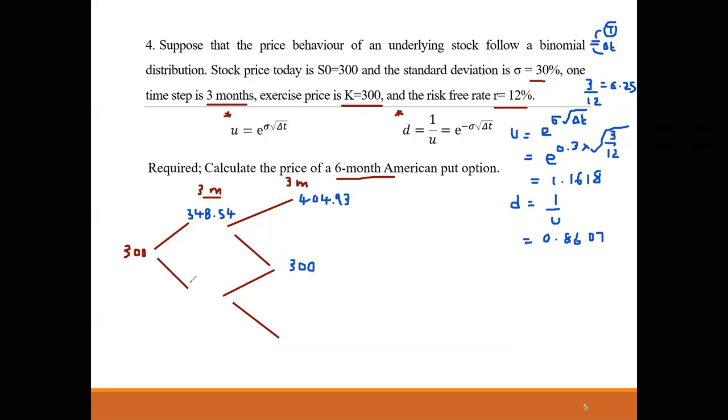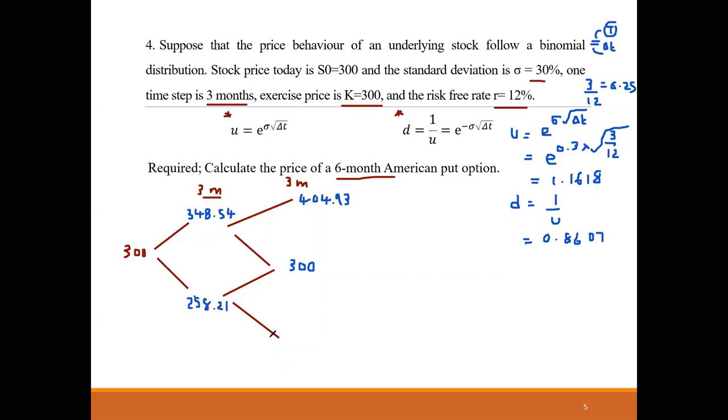And then if it goes down over here at this point, it would be 300 multiplied by 0.8607. So here you will have 258.21.